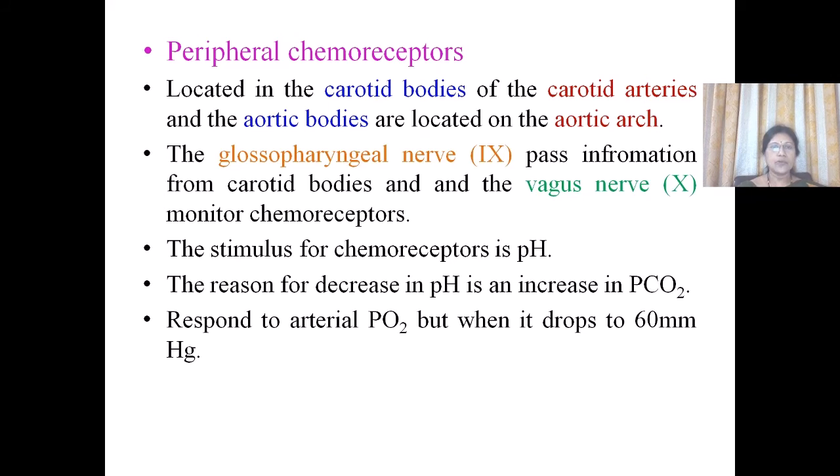The glossopharyngeal nerve, that is the ninth cranial nerve, passes information from carotid bodies, and the vagus nerve, that is the cranial nerve 10, monitors the aortic chemoreceptors. The stimulus for chemoreceptors is pH. The main reason for decrease in pH is an increase in the partial pressure of carbon dioxide.